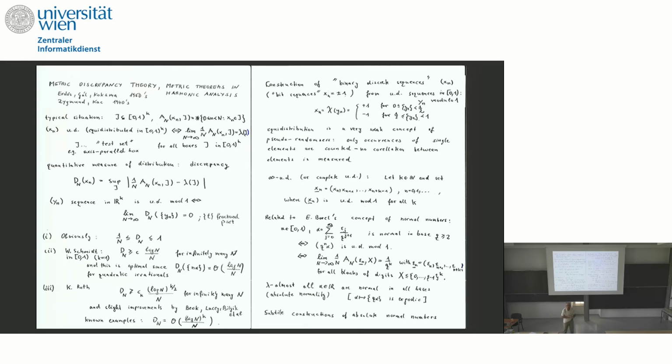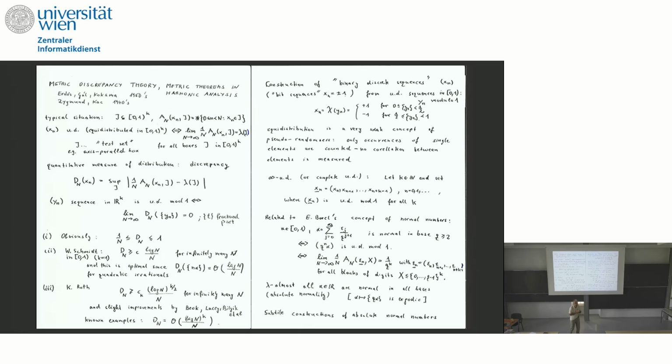My test sets are, as in the classical uniform distribution theory, axis parallel boxes, and capital A_N is the number of points up to index capital N lying in that box. An infinite sequence is uniformly distributed if this counting number divided by the total number is asymptotically the Lebesgue measure, so the volume of this box.